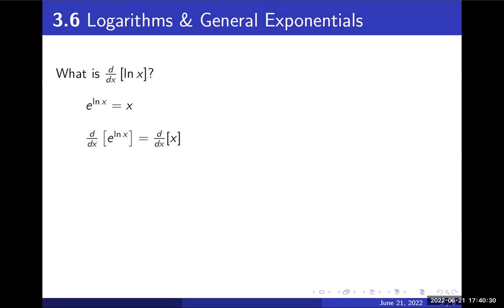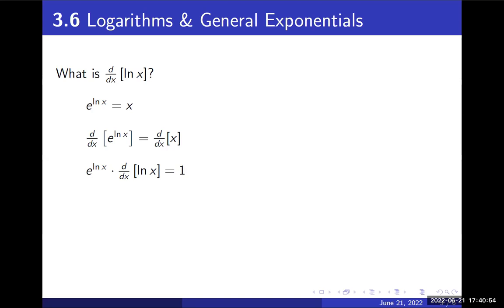And on the right side, we just have the derivative of x. Let's see how those derivatives would play out. Well, on the left, because of the chain rule, right? So we take the derivative of the e first, which means we just copy it, e raised to the natural log x. But then we'd be forced to take the derivative of what's inside the exponent, the natural log x.